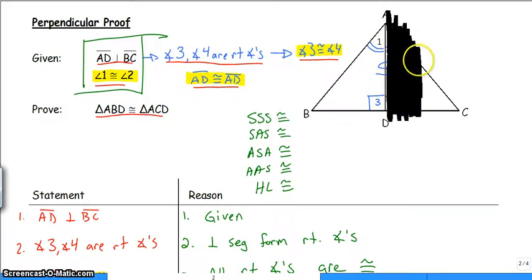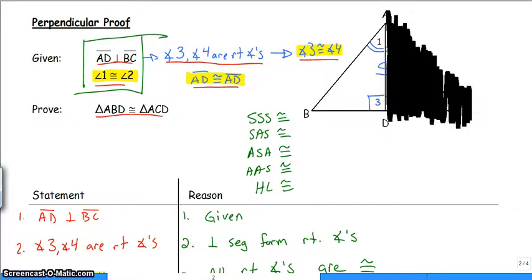We've already labeled them. So if I hide this triangle and I look only at my triangle that's on the left, I want to figure out, do I have all three sides labeled? Well, no, I don't have these two sides. So it can't be this. And in fact, I only have this side AD marked as congruent with something. So I don't have two sides. It can't be this.